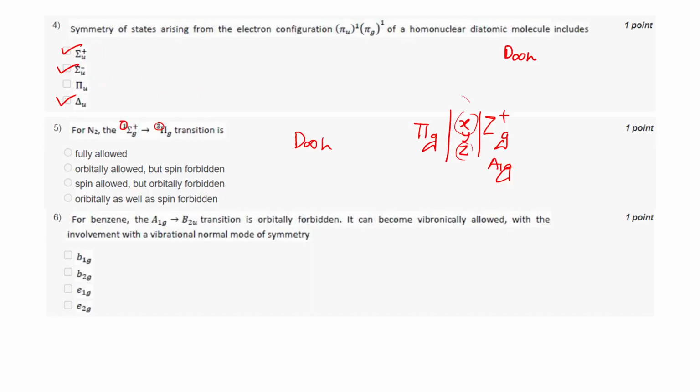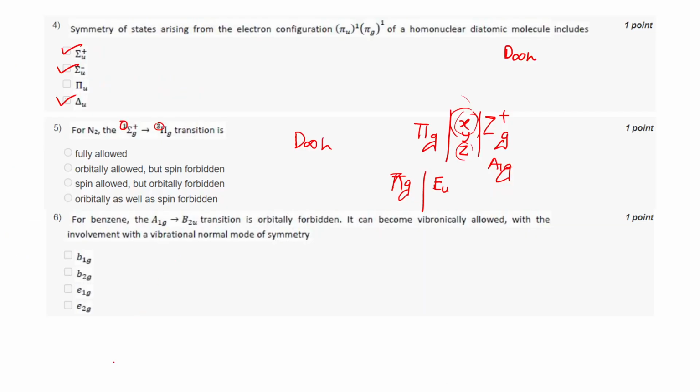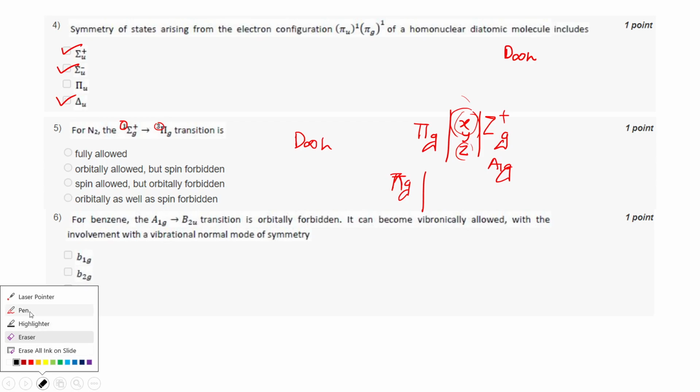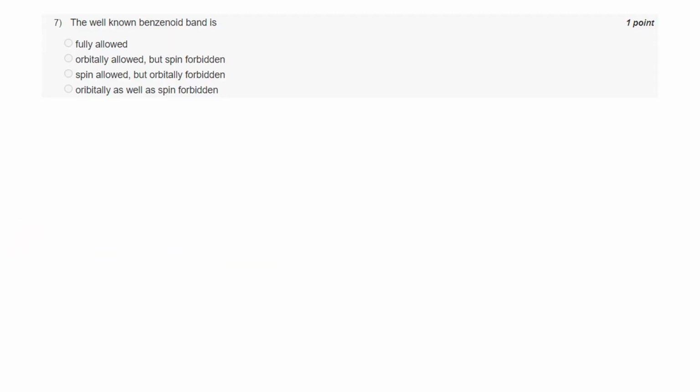So xy together they are e1u, pi u, sorry, and it is sigma plus a1u, this is a1u, this is e1u, and pi g is actually e1g.